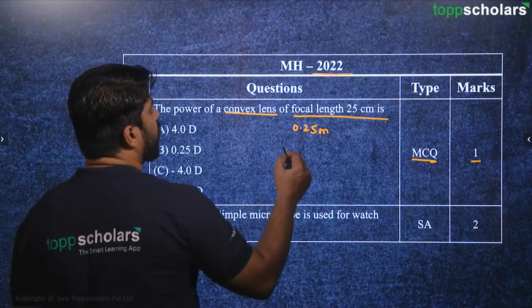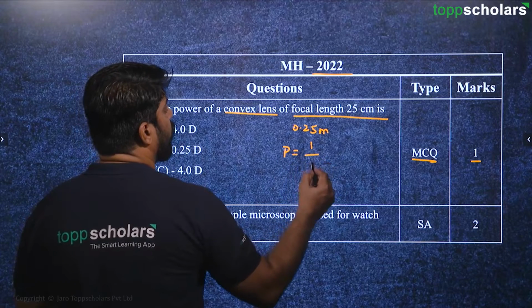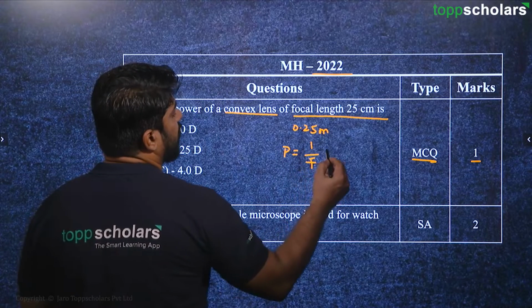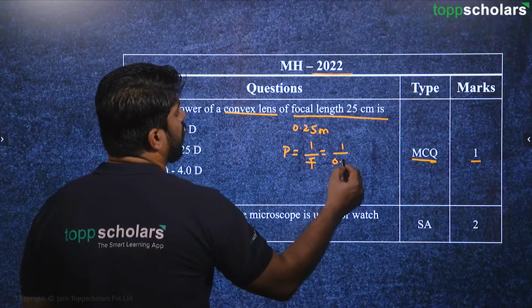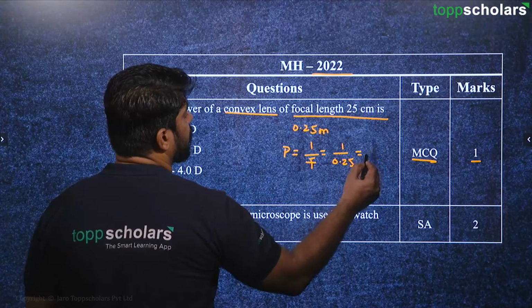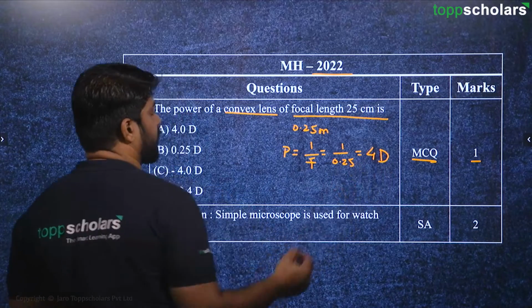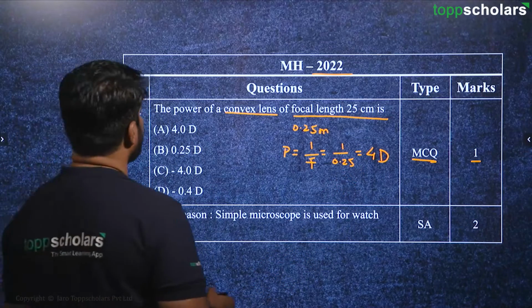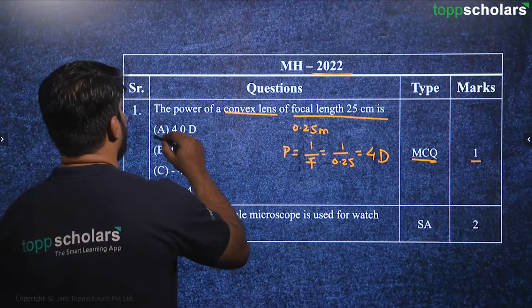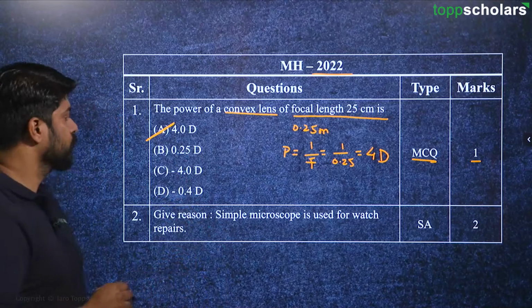We know power is equal to 1 upon focal length, so it is 1 upon 0.25, which is 4 diopters, right? So the correct answer over here should be 4 diopters.